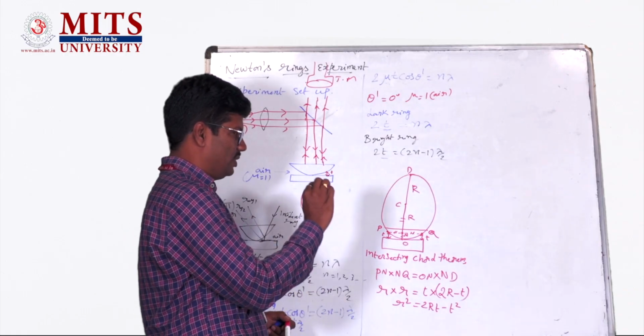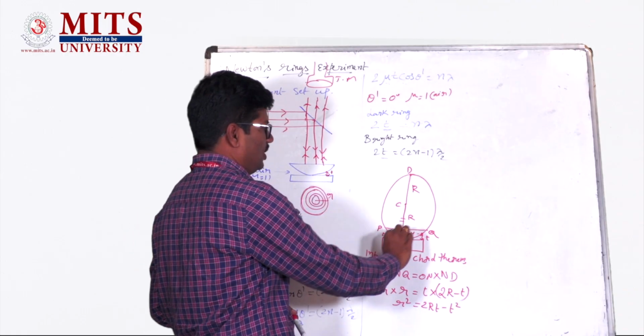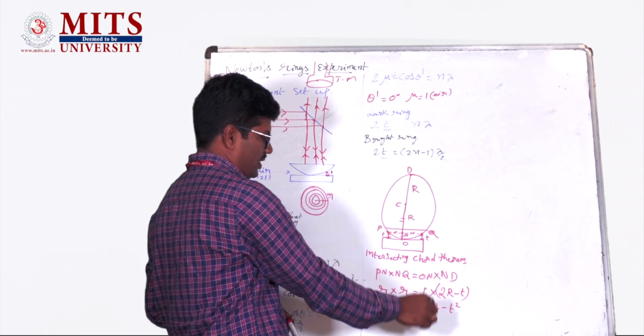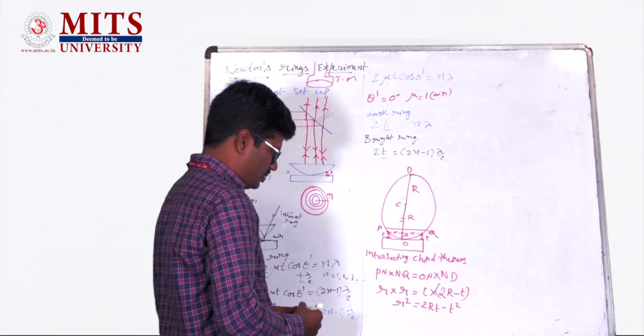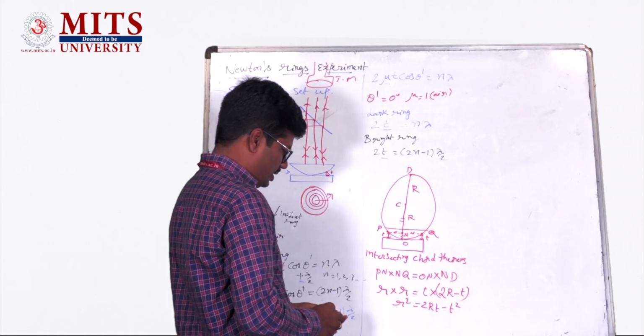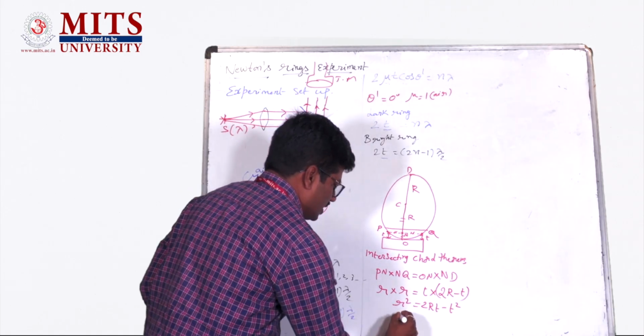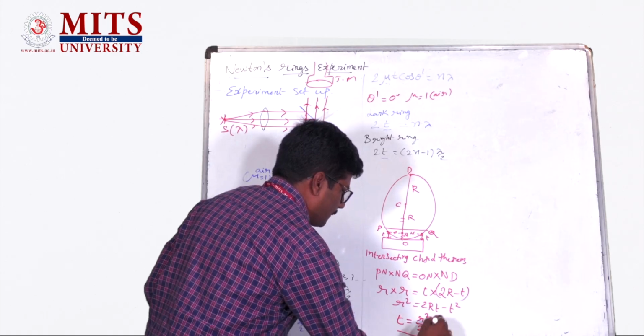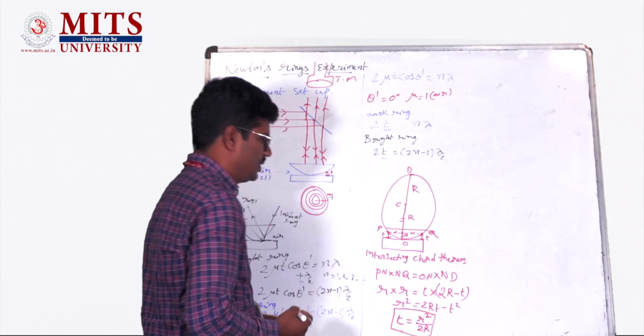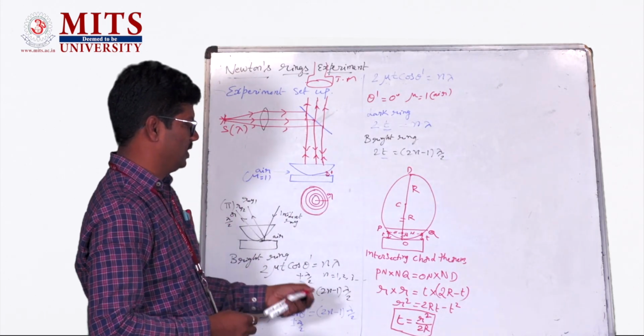So the thickness of the air film is very small, and compared to 100 this is negligible. So t square is even more negligible, and you can discard that. Then you can come to the conclusion that the thickness of the air film is r square by 2r. So now we know the thickness of the air film.